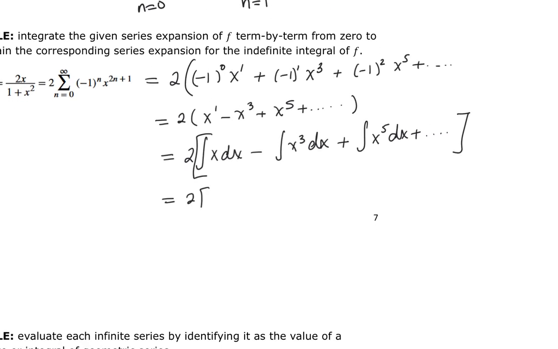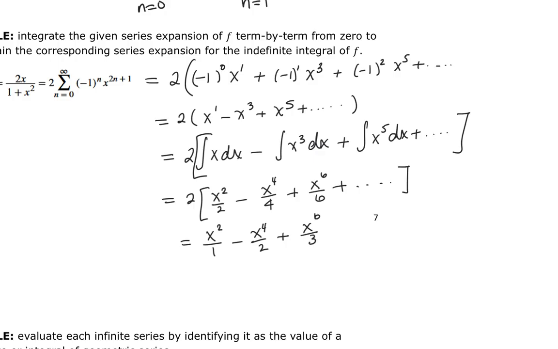This would be 2. My first one would have been x squared over 2 minus x to the 4 over 4 plus x to the 6 over 6 plus dot dot dot. I'm going to go ahead and multiply that 2 back through. So I'm going to have x squared over 1 minus x to the 4th over 2 plus x to the 6th over 3 plus dot dot dot.